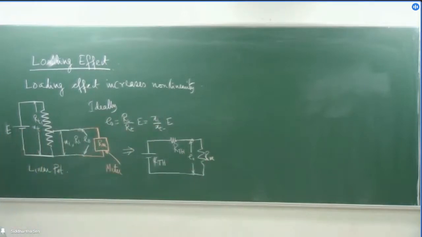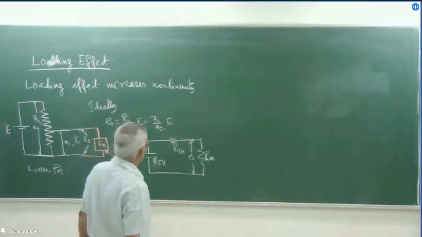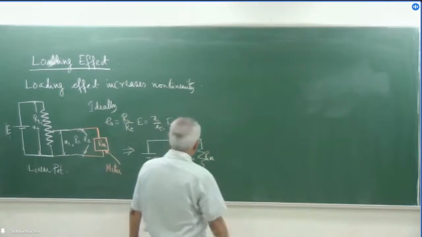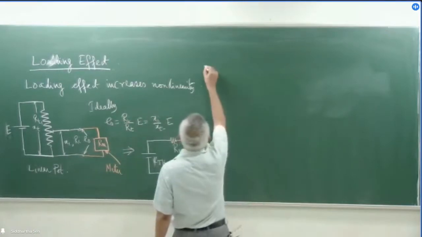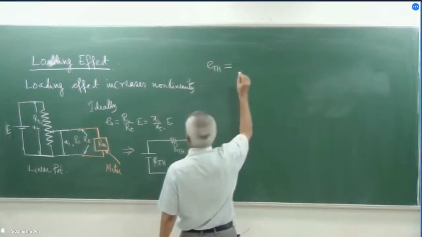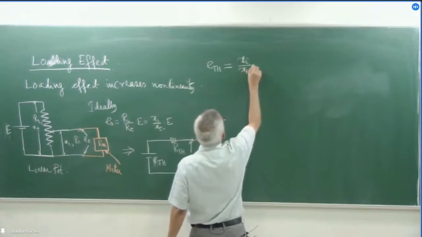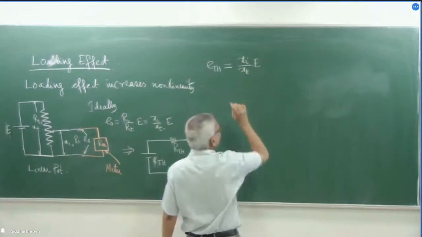ETH is the Thevenin's equivalent voltage, RTH is the Thevenin's equivalent resistance, and the meter resistance is Rm. So ETH is nothing but the ideal voltage, Xi divided by Xt into E.